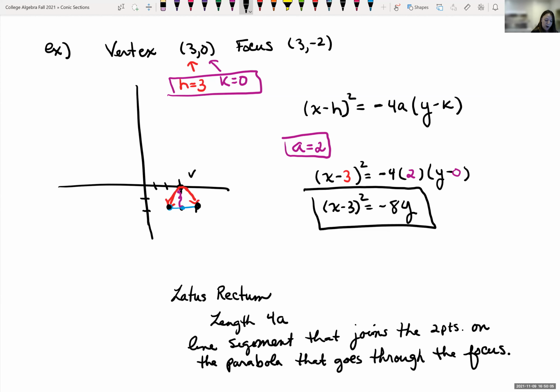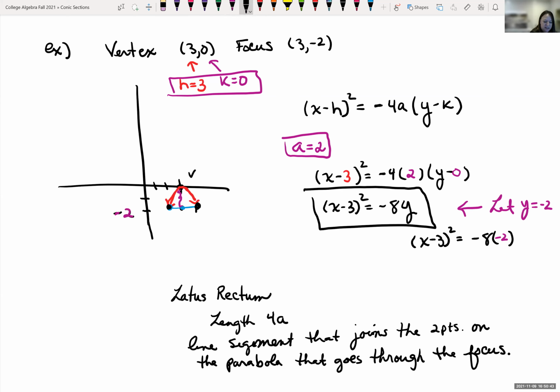Well, we know what the y value of those 2 points is. We know that y value is -2. And so we could use the equation we just found and plug in -2 for y and figure out what x is. So let's do that. If we let y equal -2, we would get x minus 3 quantity squared equals -8 times y, which is -2.